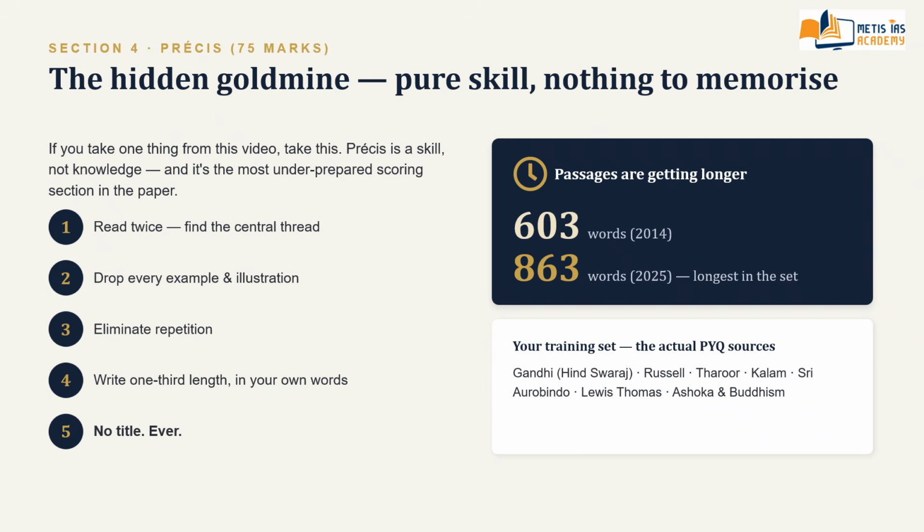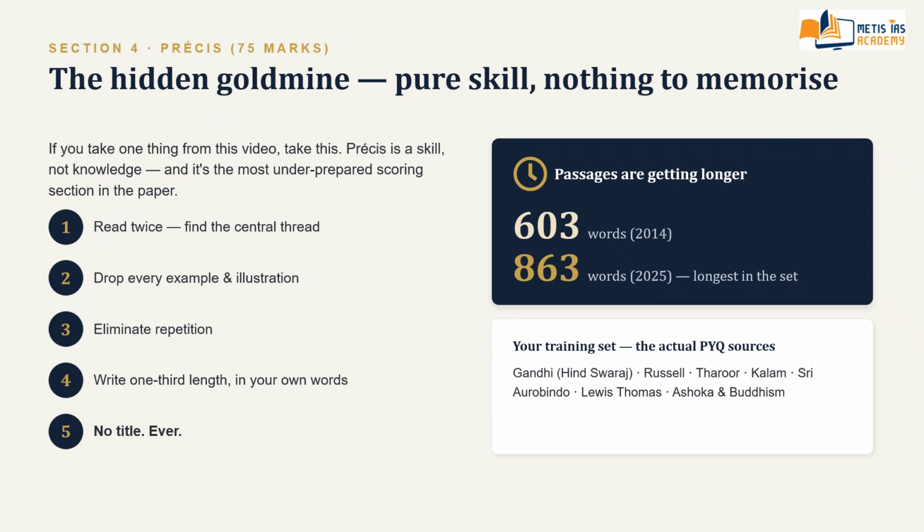APJ Abdul Kalam on the knowledge society. Sri Aurobindo on the Indian Renaissance. Lewis Thomas on the value of making mistakes. A passage on Ashoka and Buddhism. And in 2025, a metaphysical passage on the soul and moral transcendence.